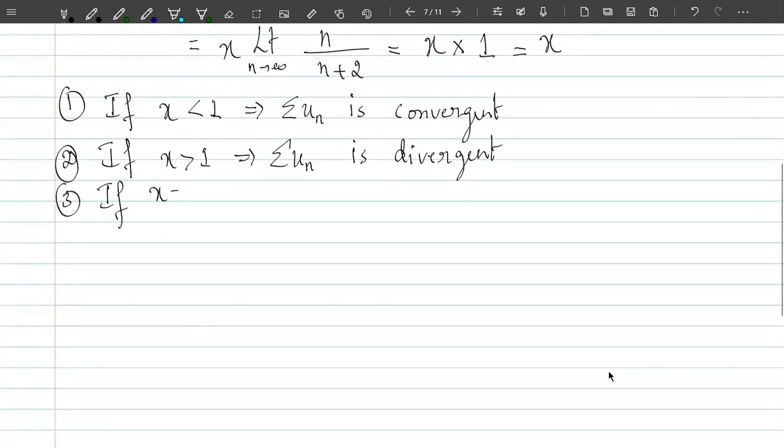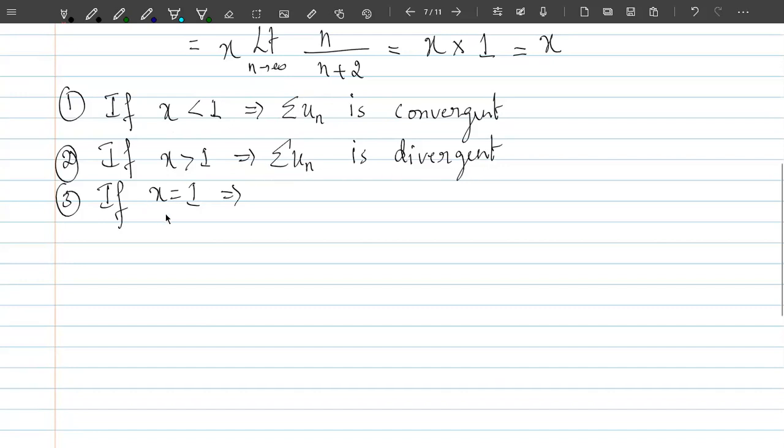I hope you remember how we saw the problems in case of D'Alembert ratio test. We have 3 cases there, that is if the value of the limit is less than 1, we say that the given series is convergent. If the value of the limit is greater than 1, the given series is divergent.